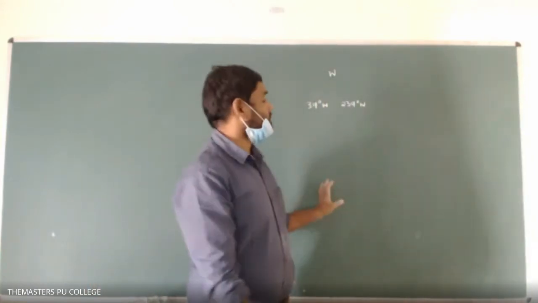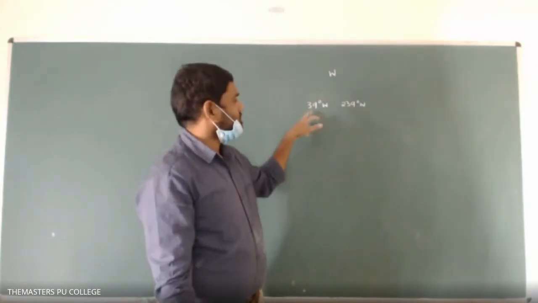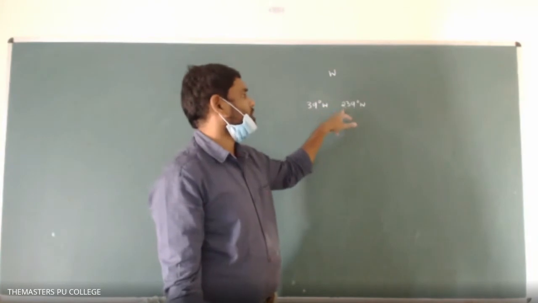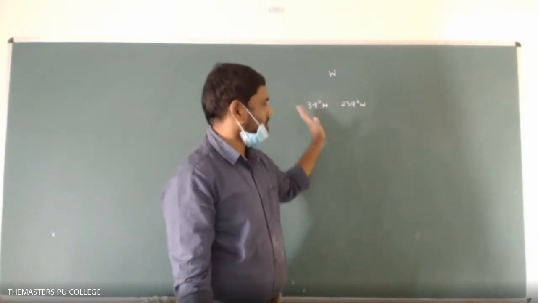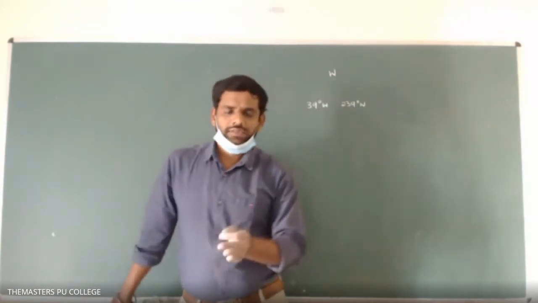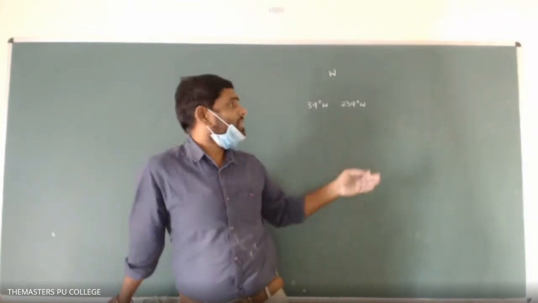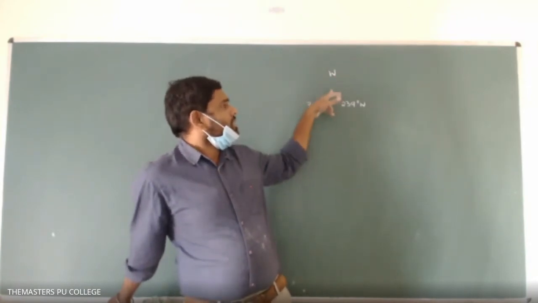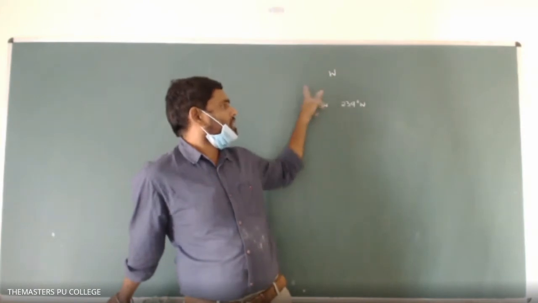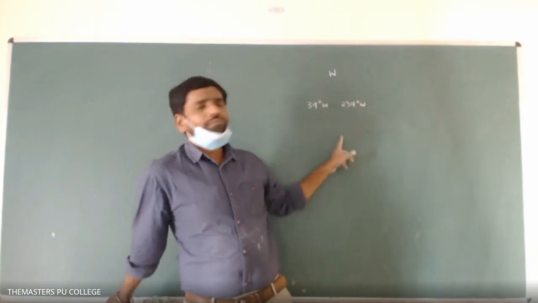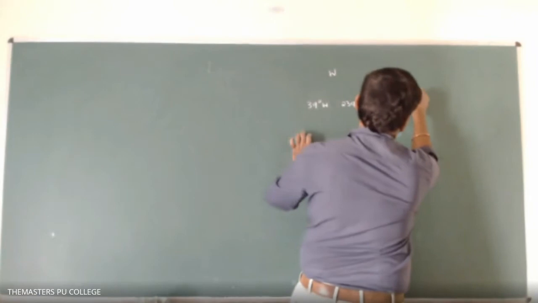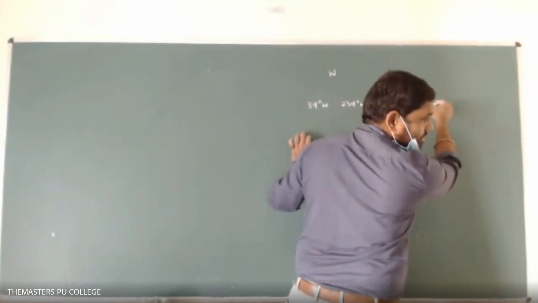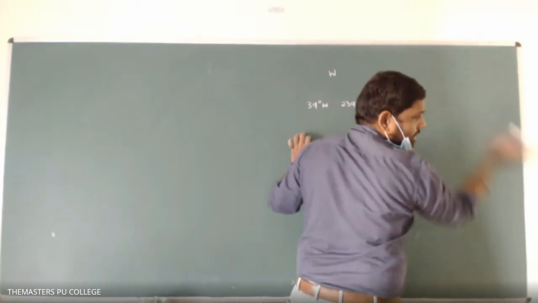On his own scale, the LFP is marked as 39 degree W and the UFP is marked as 239 degree W, just like the Celsius, Fahrenheit and Kelvin scales.